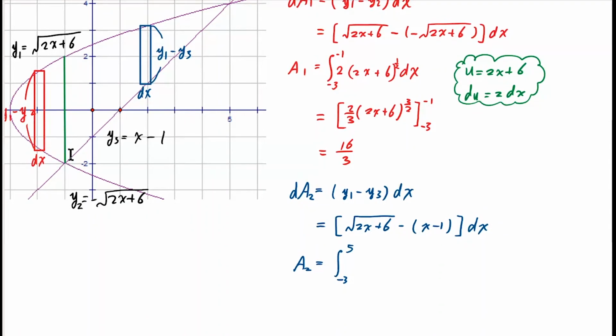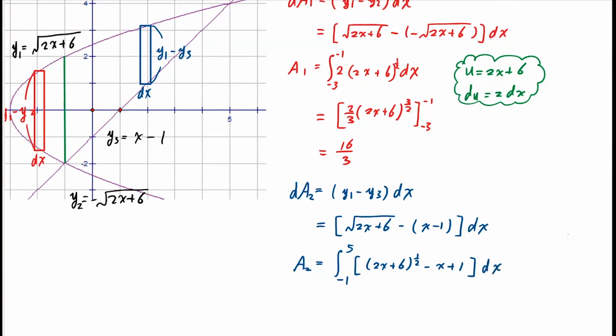Limits of integration is from -1, oh, that 5 was the 5. -1 to 5, eh? From this partition to where the x value ends in our region. Good. And I'm going to have 2x plus 6 to the 1/2 power minus x plus 1.